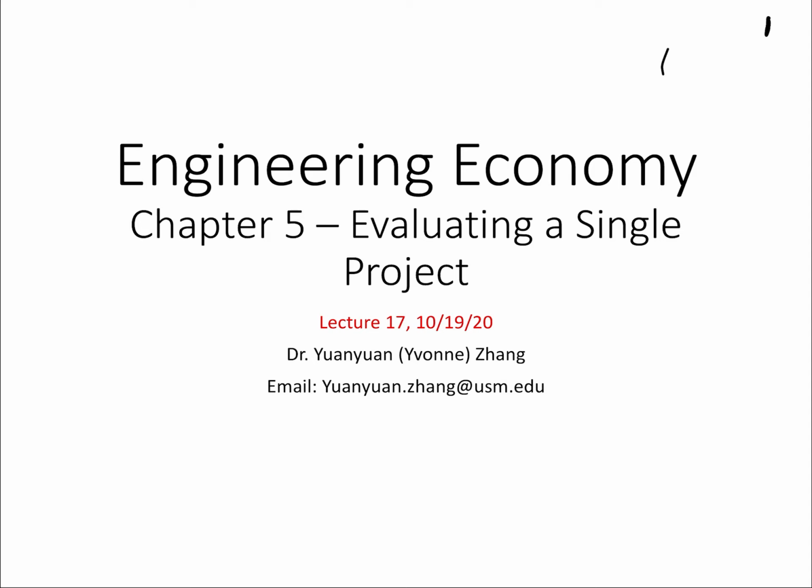Hello everyone. Today we're going to start a new chapter, chapter number 5. As we said, in chapter number 4, we have learned many techniques to convert the amount of cash flow at some specific point to another time point.